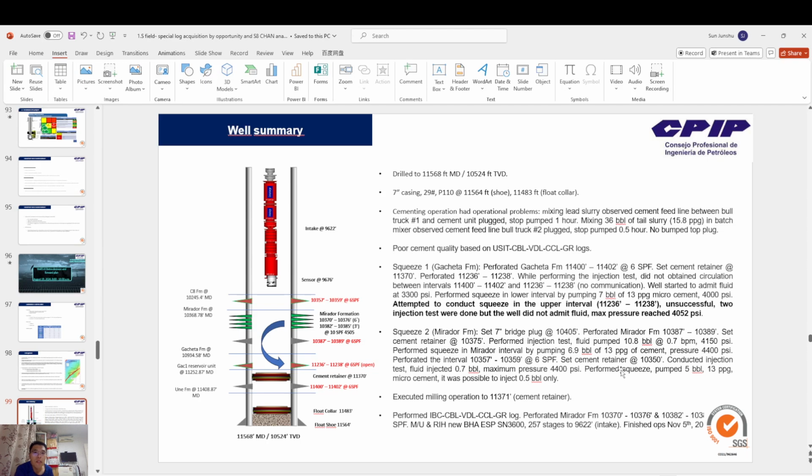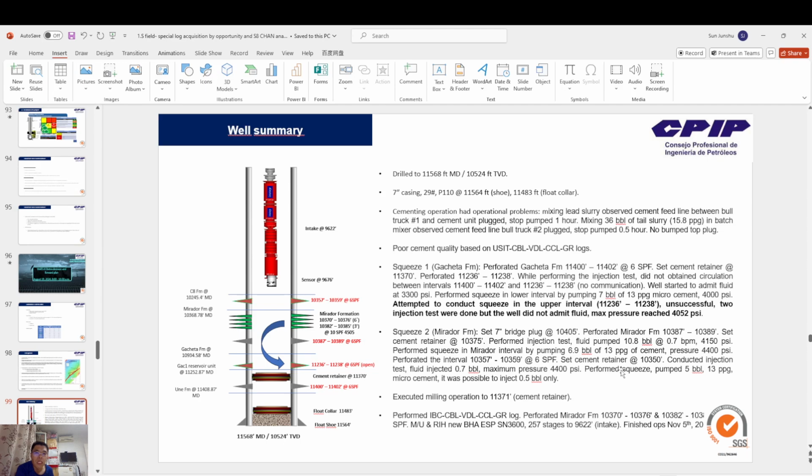Mixture observed in the cement feed line, but truck 2 plugged. Stopped pumping 0.5 hour. The top plug was not pumped. Poor cement quality based on USIT, CBL, VDL, CCL, gamma logs.